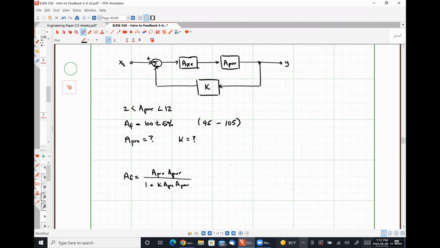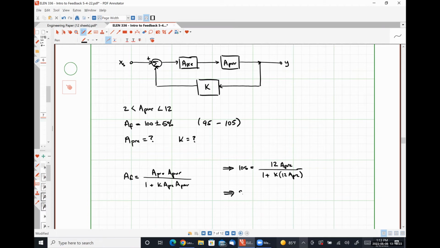So from this relationship, I can say that 105, our maximum closed loop gain, occurs when our power amp gain is at its maximum. So that'd be 12 times A pre over 1 plus K times 12 A pre.